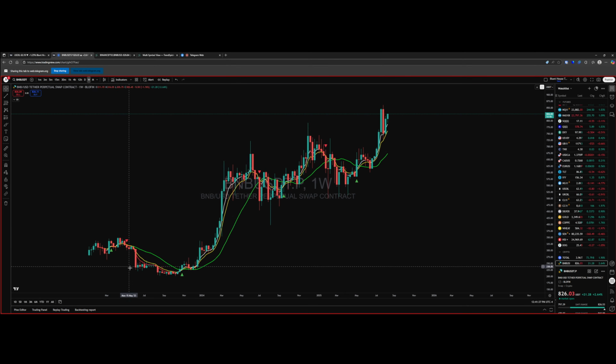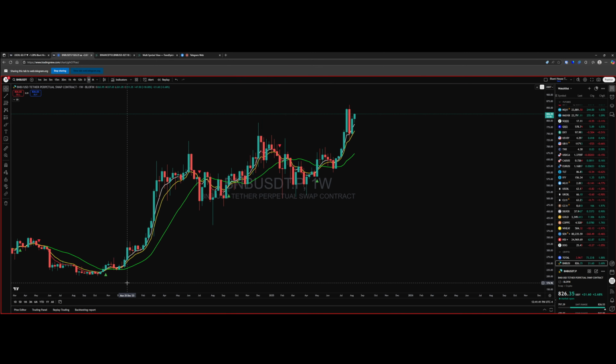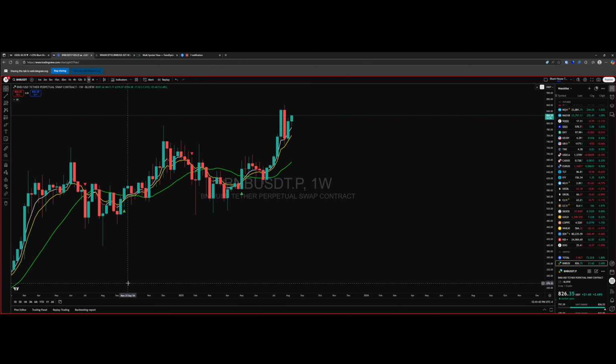This is the weekly of BNB. Looks pretty bullish to me. Even in here, back in June, it probably felt like the sky was falling, but you know what? Yet again, you came back and you got support from the 20, boom, big green candle, price moves up. And that divergence is an example of how much momentum is in that move higher.